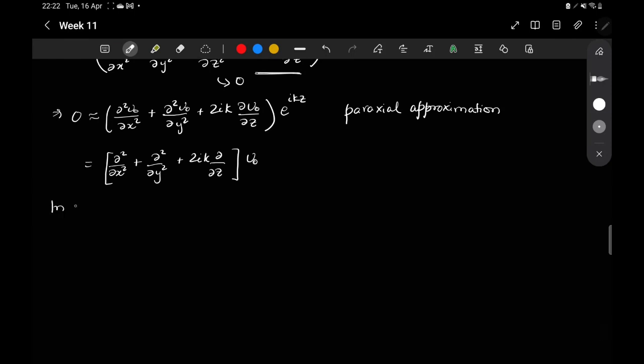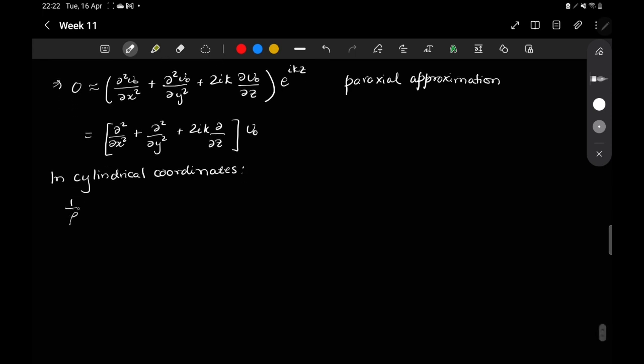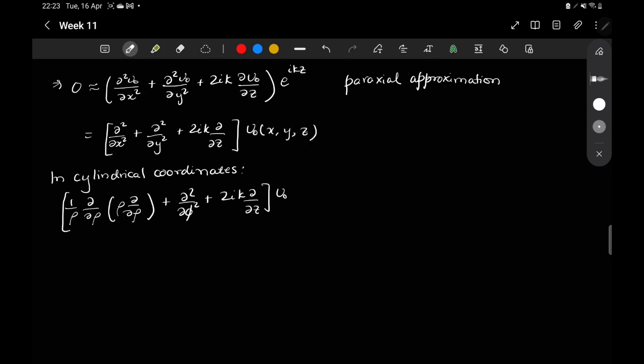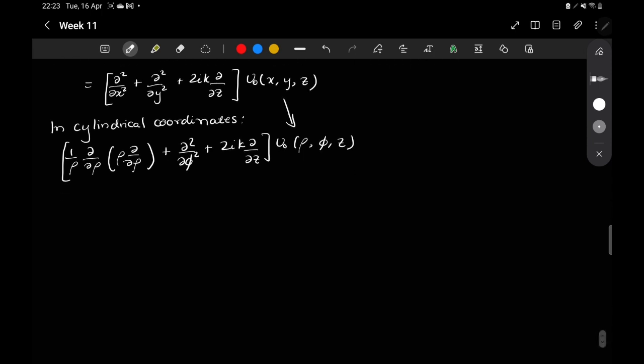Now let us write this in cylindrical coordinates. So from here to here we go by a coordinate transformation from Cartesian to cylindrical.